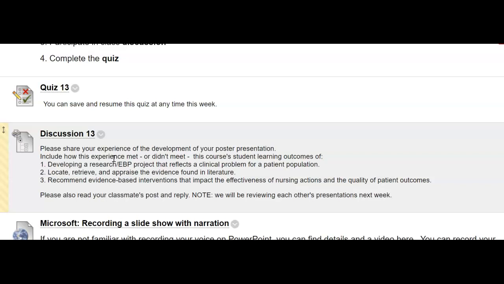How did your experience meet or didn't meet the course's student learning outcomes of developing an evidence-based project that reflects a clinical problem for a patient population, locating, retrieving, appraising the evidence that's found in literature, and how did your experience meet or not meet the student learning outcome of recommend evidence-based interventions that impact the effectiveness of nursing actions and the quality of patient outcomes.